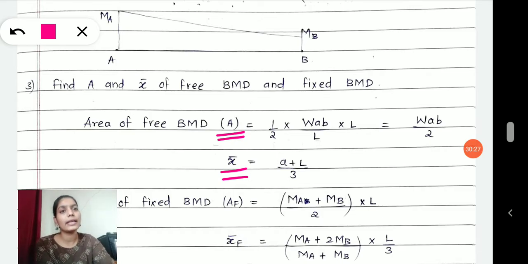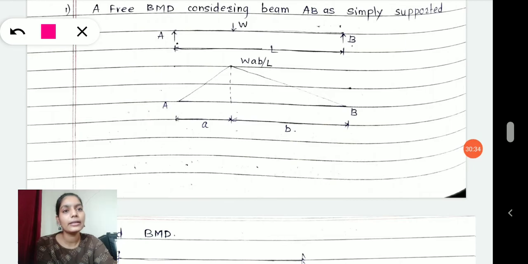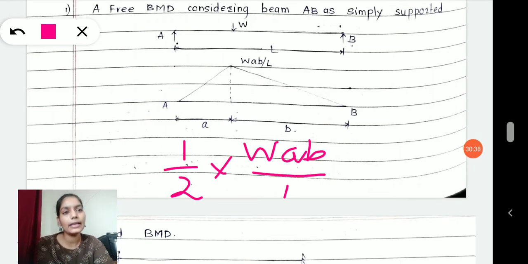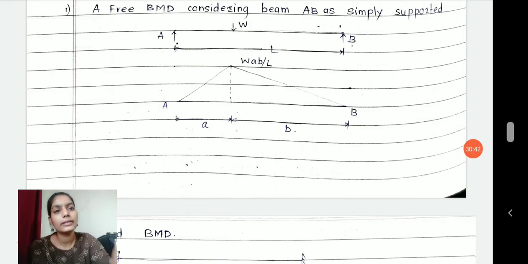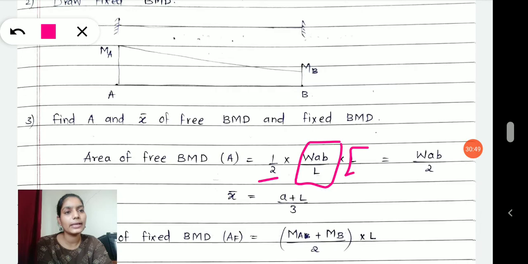Now, the area of this bending moment diagram will be 1/2 into WAB by L into L, giving us WAB by 2.